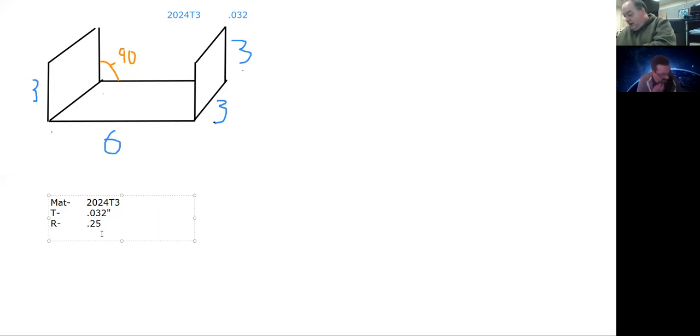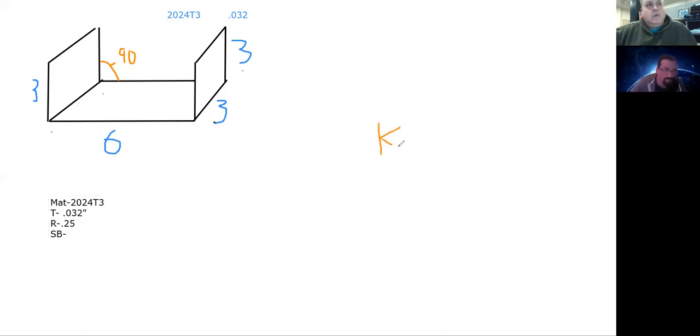The next thing we need to do is figure out our setback. The formula for setback is K value times radius plus thickness. So we have a K value chart, which is nice and handy in the FAA 8083.